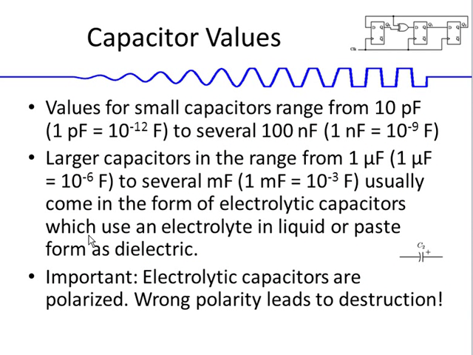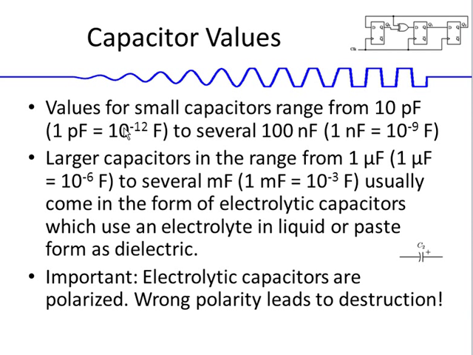Small capacitors are in the range from about 10 picofarad to several hundred nanofarad. A picofarad is 10 to the minus 12 farad, so that's a fairly small value. Larger capacitors are in the range from a few microfarad to some millifarad. A microfarad is 10 to the minus 6, and a millifarad is 10 to the minus 3 farad.